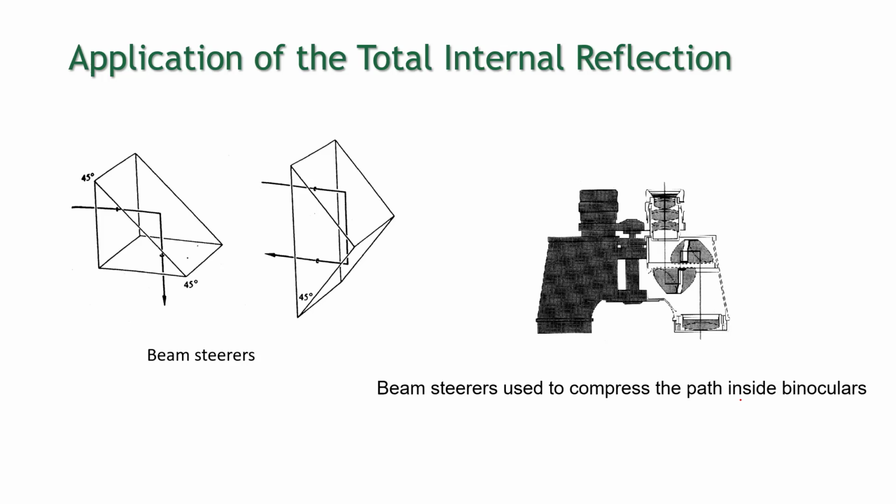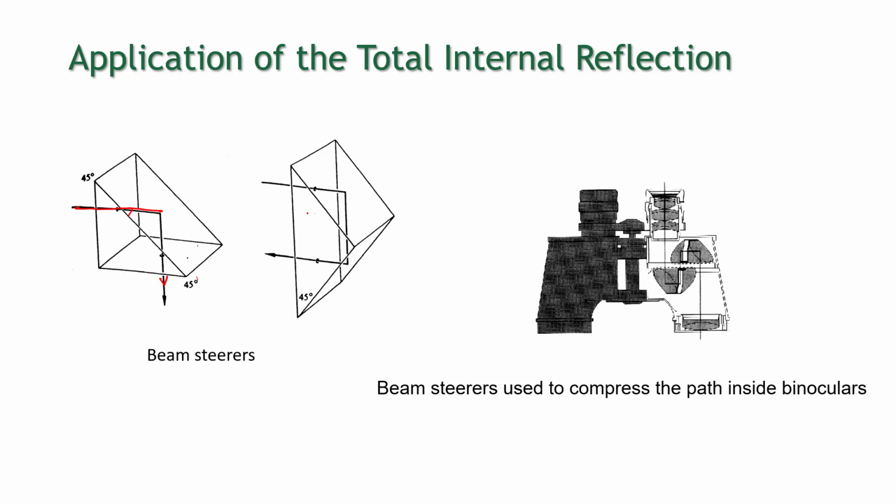Okay. So here are some of the applications. Usually we use this principle to steer the beam inside a prism. So you want to change the direction of the light from this direction to the down direction. You can use a prism and use the total internal reflection, so it will move it down.